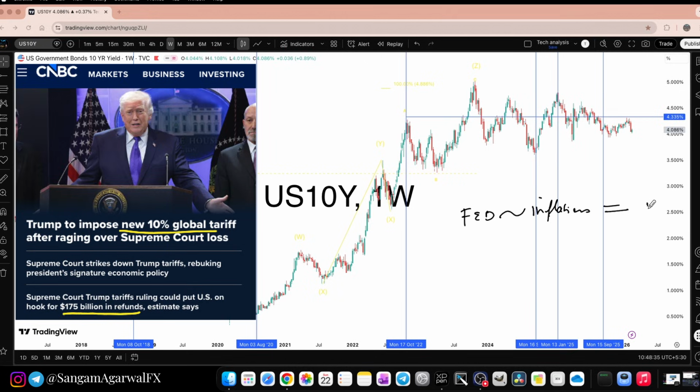Real interest rate is positive. So according to the US Supreme Court ruling, when tariffs are illegal, if tariffs end right here and CPI and PPI inflation keep falling without tariff, when we have almost 0% inflation and the 10-year yield is currently 4%, then clearly we have a very high real interest rate.